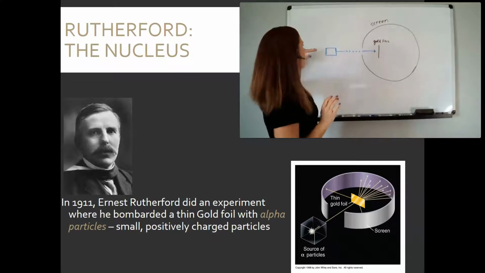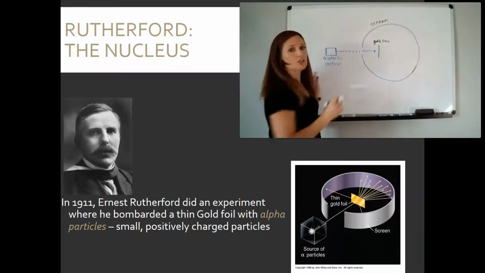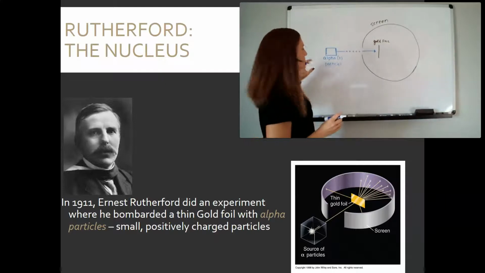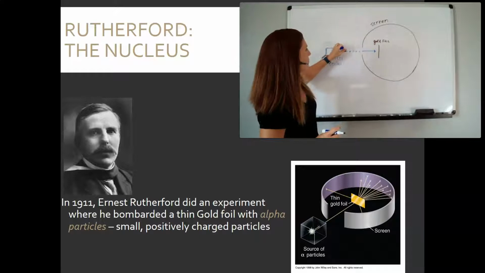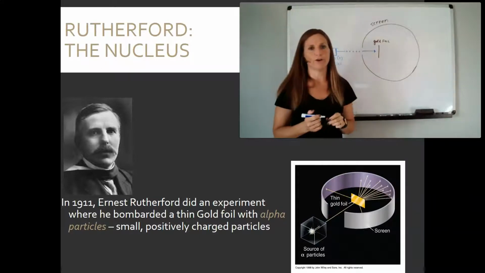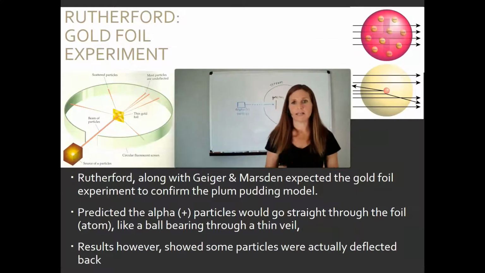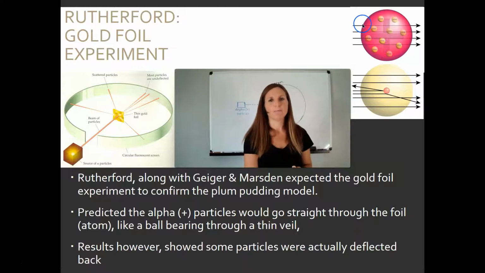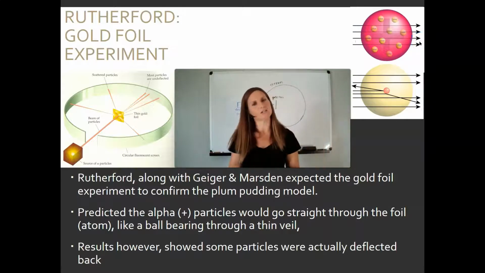Rutherford is going to bombard or shoot these alpha particles out of this box, past the entrance to the detector screen, through the gold foil, and he's going to see what happens. If the plum pudding model is true, the plum pudding model is shown up here in this red sphere. Remember our chocolate chip cookie model, where every part has chocolate chip cookies and dough.